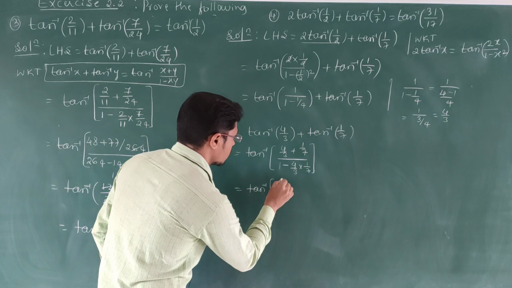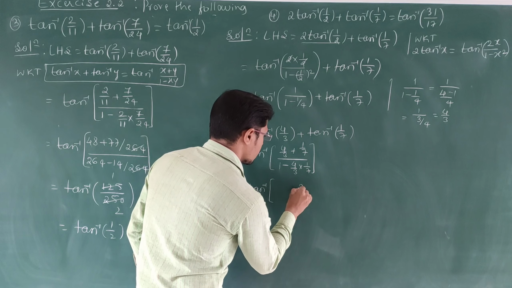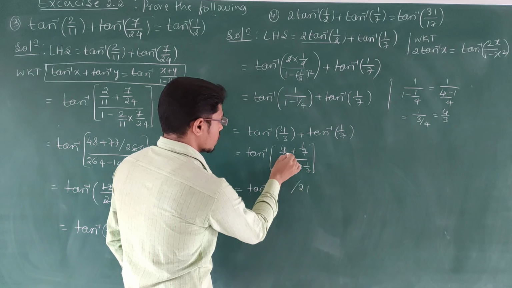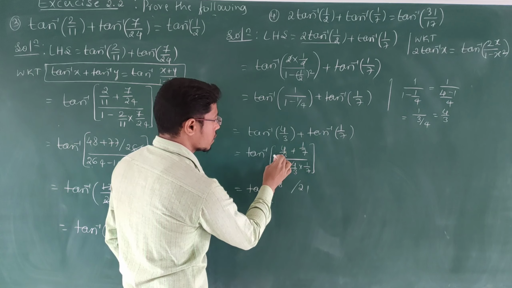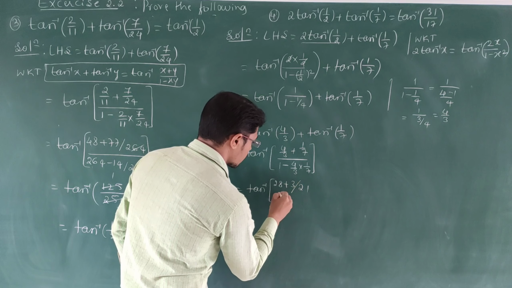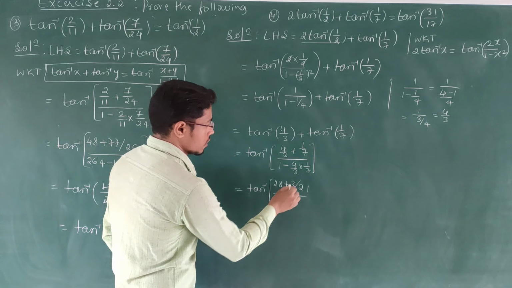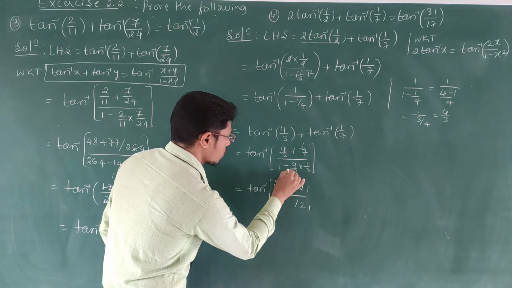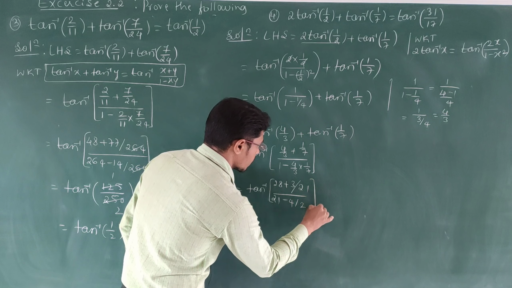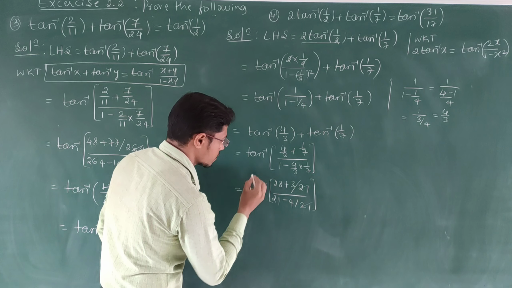Is equal to the tan inverse of 3 into 7 is 21, 3 into 4 is 12... 7 into 4 is 28, 3 into 1 is 3, divided by 21. Here also 21 into 1 is 21 minus 4. Complete the bracket. 21 gets cancelled.